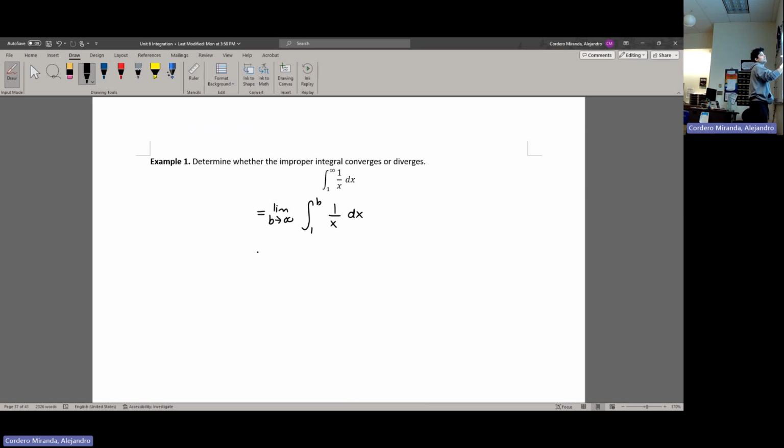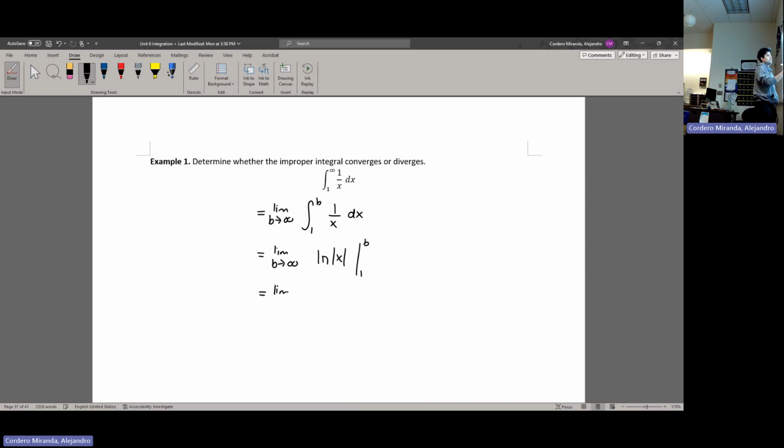So, okay, now let me take the antiderivative. Antiderivative of 1 over x, hopefully you remember that that's, sorry, let me not forget my limit as b goes to infinity. So antiderivative of 1 over x, you remember hopefully that that's natural log of absolute value of x. And I'm plugging in, again, b and 1 and subtracting the two. All right, so let me plug in b.